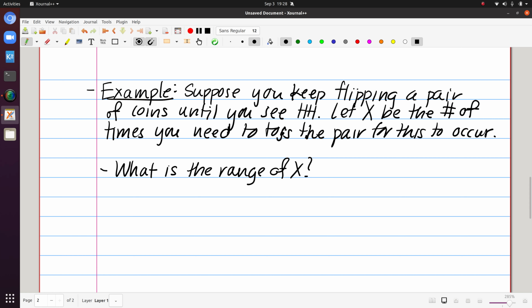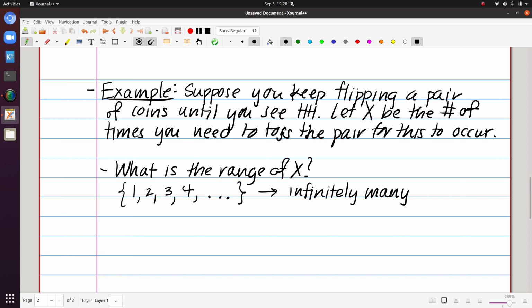So the smallest possible value of x is 1. It could take us 2 times, 3 times, 4 times, and so on. In fact, there's no upper bound on the number of times this could take. So this is the first example we've seen in which the range is infinite. There are infinitely many values.